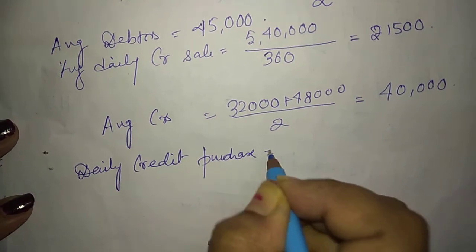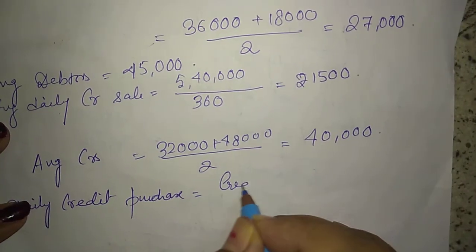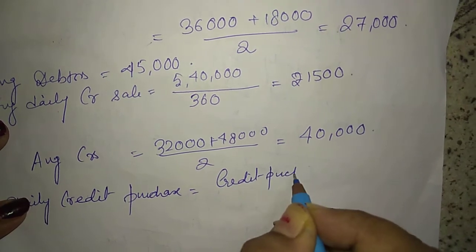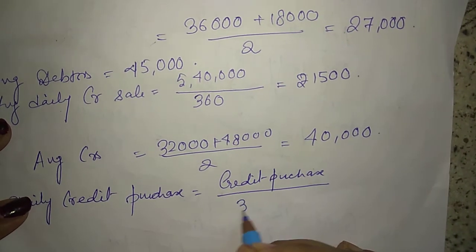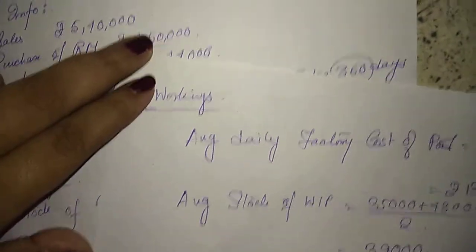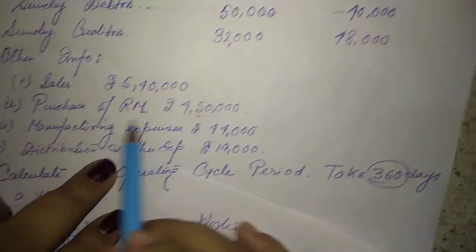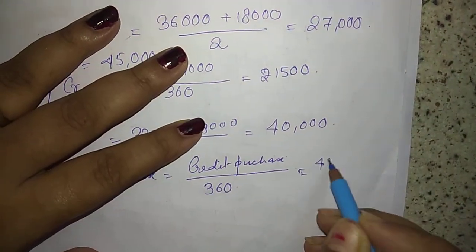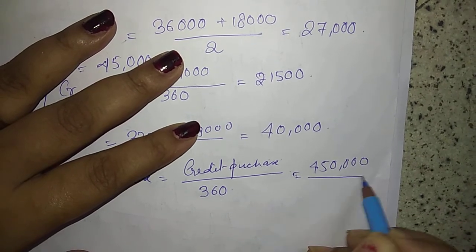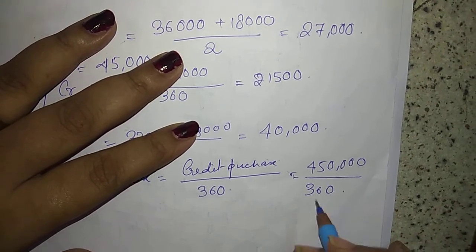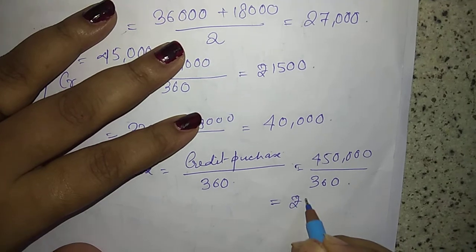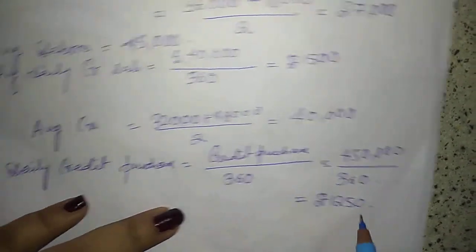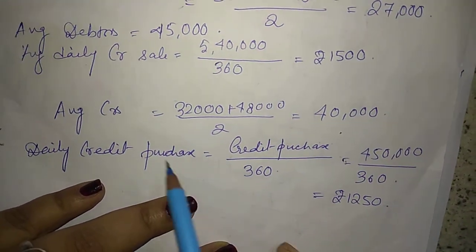Average daily credit purchase is how much? Credit purchase, total credit purchase divided by 360 days. Okay, in absence of any information, we will consider the entire purchase of raw material 4,50,000 as the credit purchase. So it comes to 4,50,000 divided by 360. It comes to rupees 1250. Okay. Average creditors is 40,000. Daily credit purchase 1250.